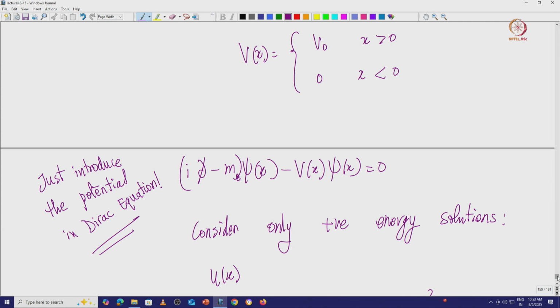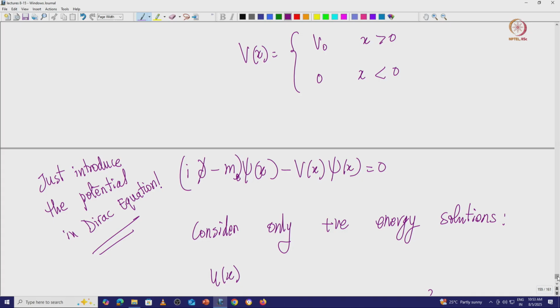The potential couples both the positive and negative energy solutions. So even if you throw away one particular set of solutions and try to solve the Dirac equation, you cannot throw away the negative energy solutions completely.